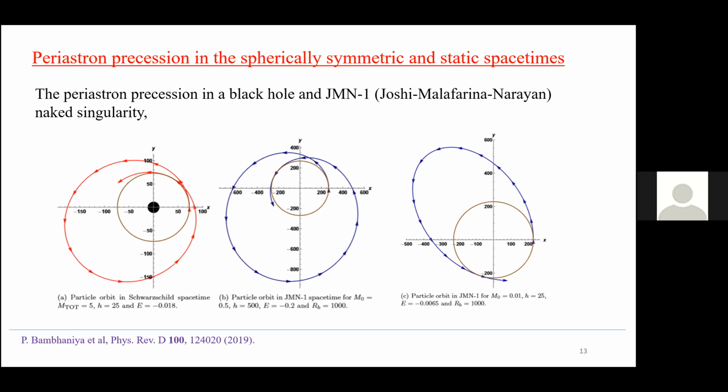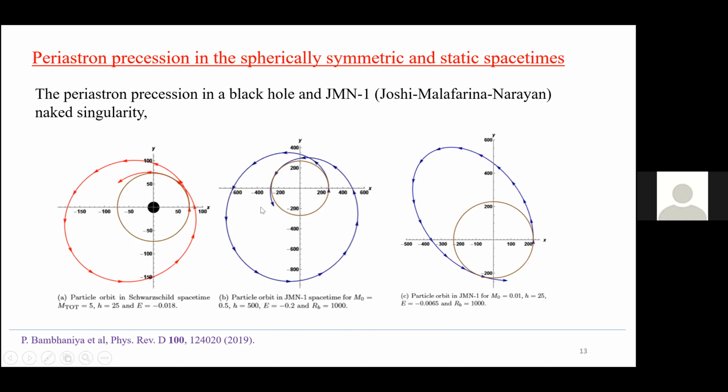Figures B and C represent the particle orbits in the Joshi-Malafarina-Narayan naked singularity, and you can see an interesting behavior that emerged: the orbits around the naked singularity allow negative or opposite precession as compared to the Schwarzschild black hole.